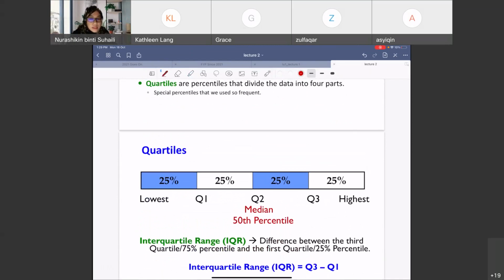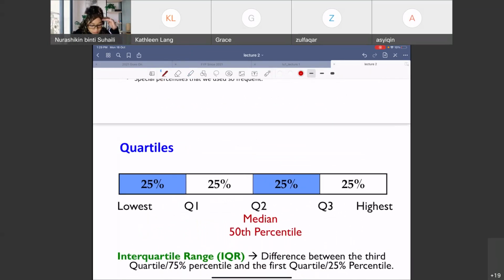Out of 100%, we divide it into 4, so 4 times 25 equals 100. Each of those we call a quartile: Q1, Q2, Q3 until Q4. Quarter means 1/4, so the whole distribution, we divide it into quartiles.